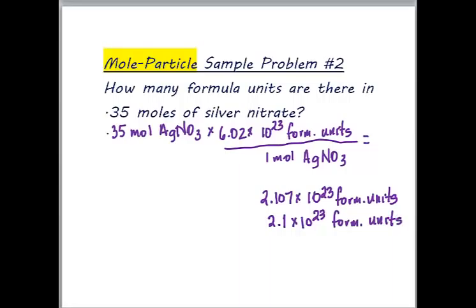Remember, when in doubt, go with three significant figures. If that were the case, if you wanted to do that on this particular problem, you would simply call this 2.11 times 10 to the 23rd formula units of silver nitrate.